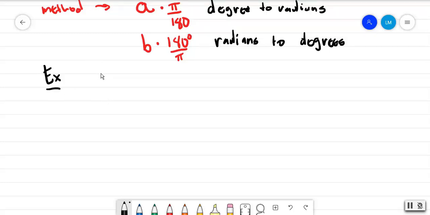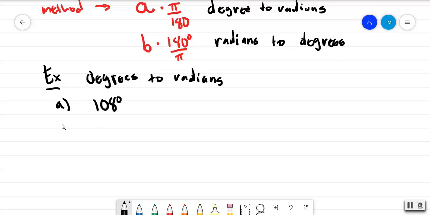Let's say, for example, that we want to go from degrees to radians. Let's look at 108 degrees, and then we'll look at negative 115 degrees.